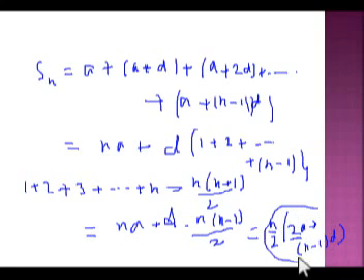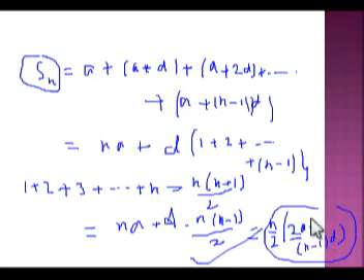There are many forms you can write. This is the formula for the summation of the first n terms of any arithmetic progression. So remember this formula, and you can solve any problem.